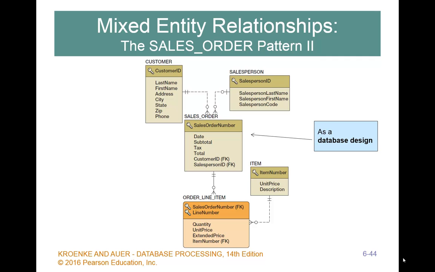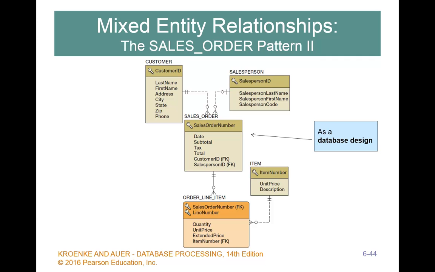So here, as you can see, our only ID dependent relationship is between sales order number and order line number. So we have a composite primary key where half of it is a foreign key that maps back to its parent.